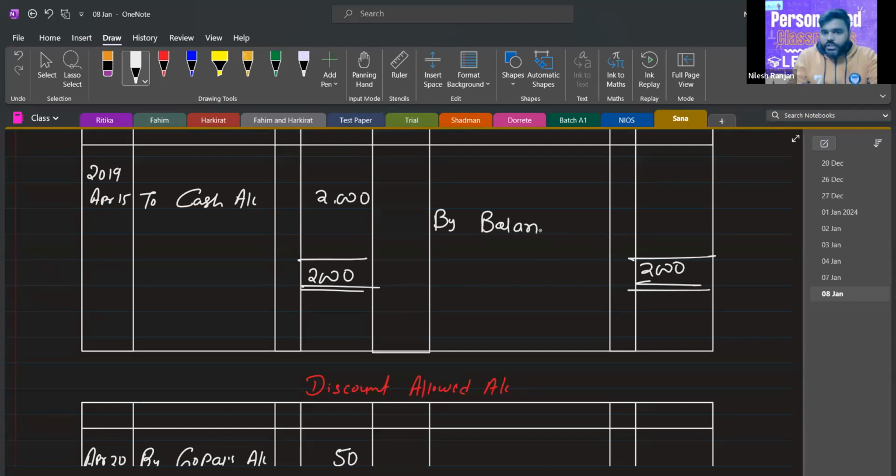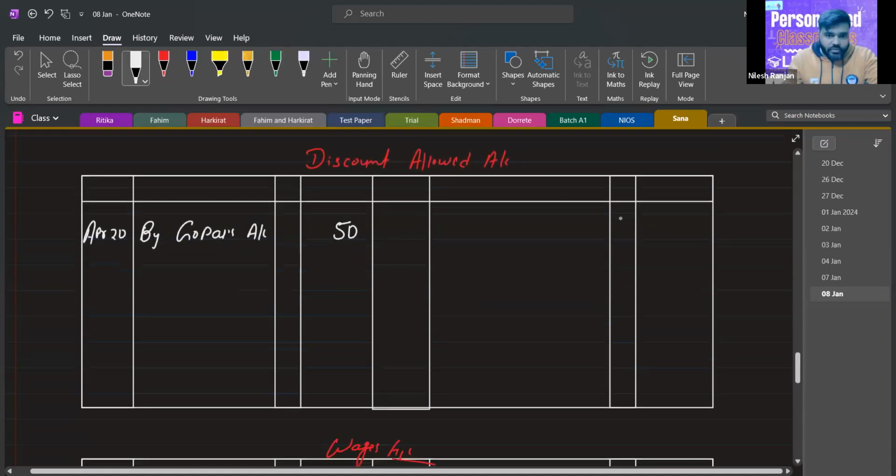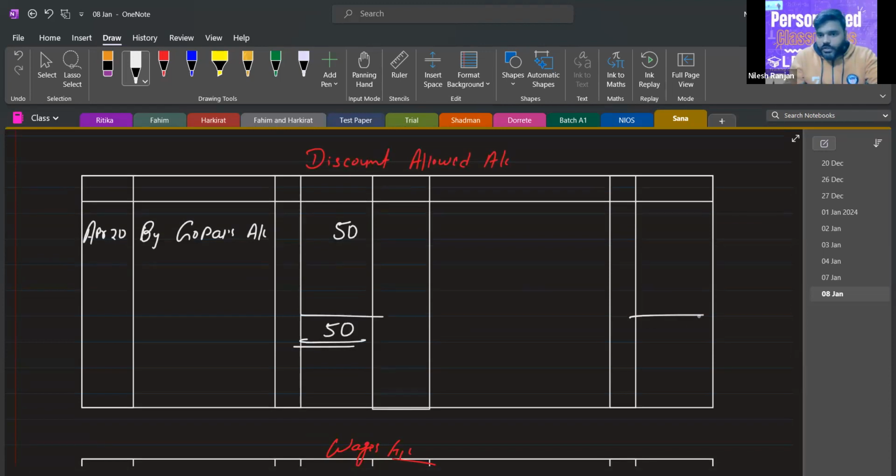I told you in the beginning of this chapter that there is no balance in nominal account, but to understand the concept of trial balance, we are calculating balance. So discount allowed is also a nominal account.